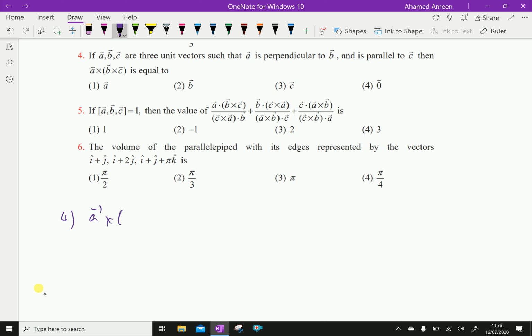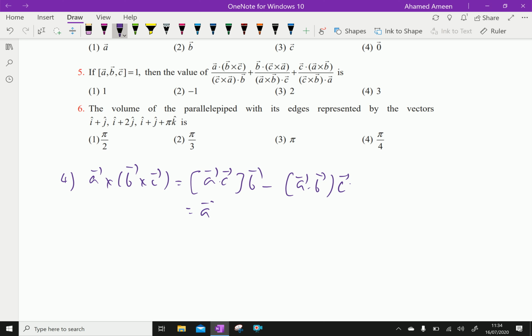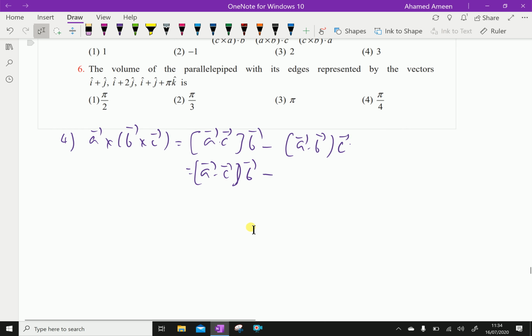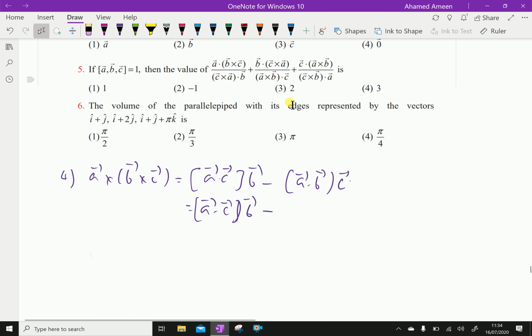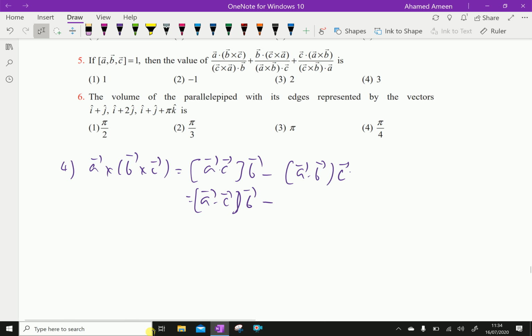A cross B cross C, you can write as A dot C vector B minus A dot B vector C. Here A is perpendicular to B means A dot B is 0.